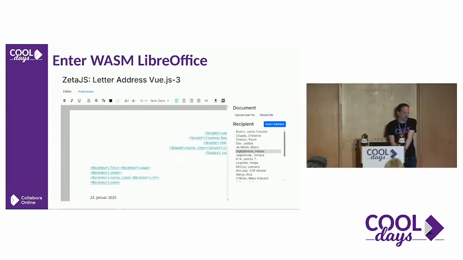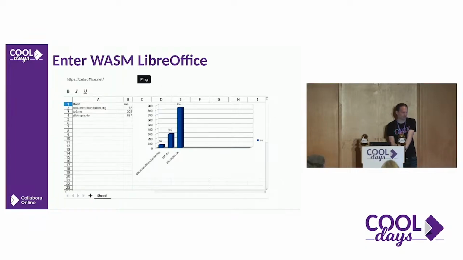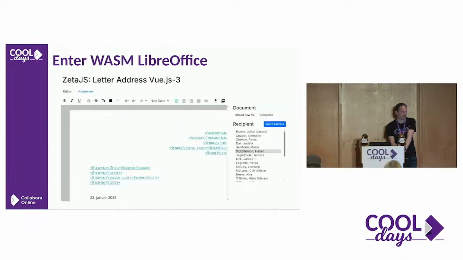What you see here is a number of screenshots from demos that we did. Please bear with us there. There's another talk right after this one. Moritz will tell you a lot more about the details of what we did. Please bear with us while we figure out names and brandings and how to integrate that. So this Zeta.js is probably going to be renamed into something like Cool.js or something similar.